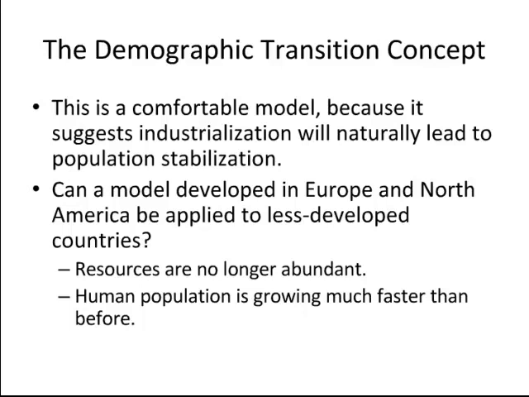Right? So Europe went through the demographic transition. North America went through the demographic transition. And they started out as less developed nations. They became industrialized, and then they became more developed nations. So we can look at how this happens, and then we can talk about what's happening to less developed countries and whether they can go through the demographic transition.